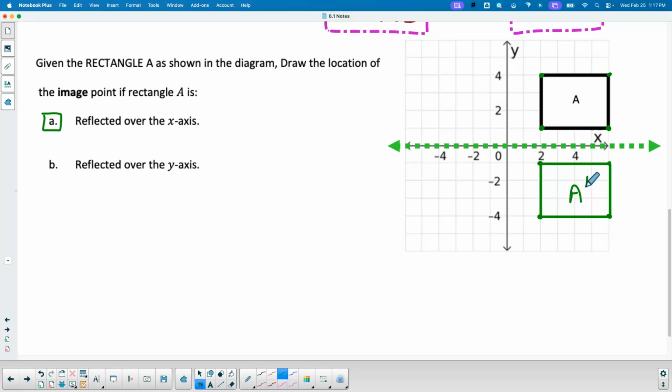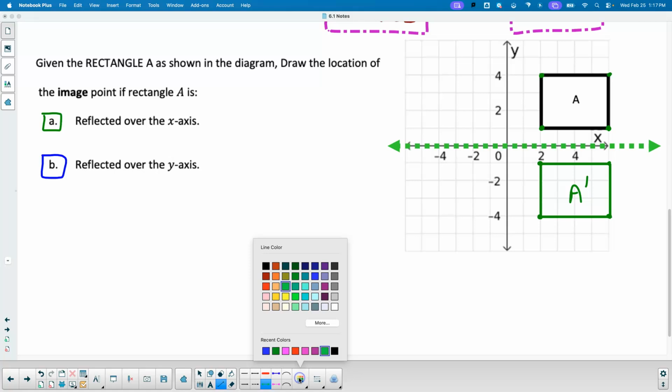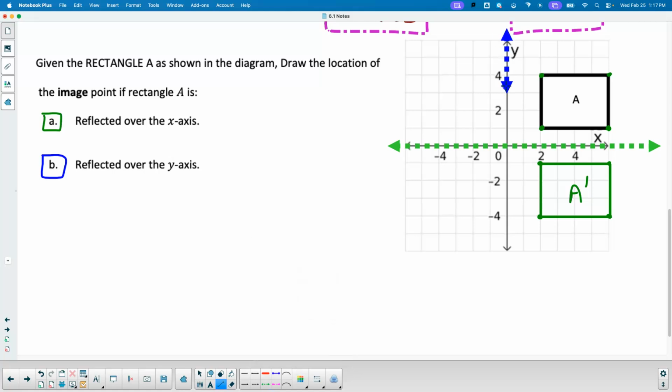If I'm reflecting it in the y-axis, I'll do this one in a different color. Now I'm looking at the blue line as my line of reflection.